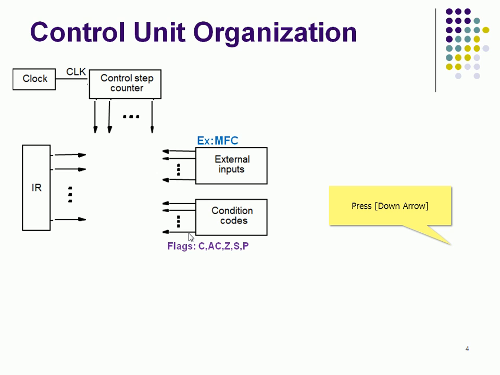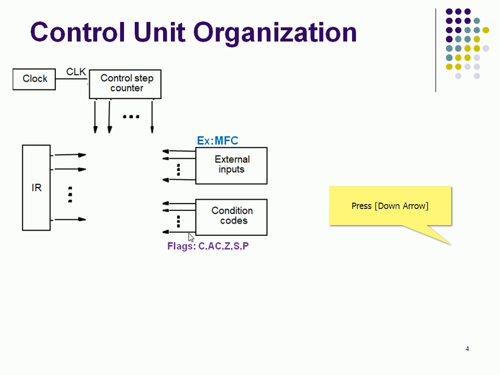So the inputs are: the instruction register, the proper timing signals, the other external inputs, and the condition codes. All these 4 types of information have to be amalgamated here.